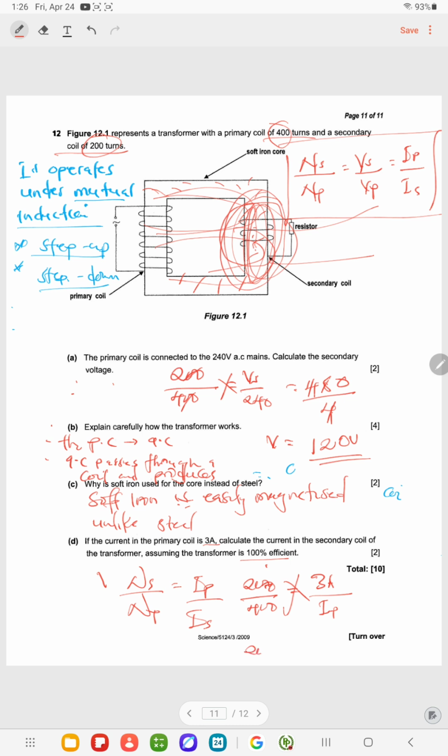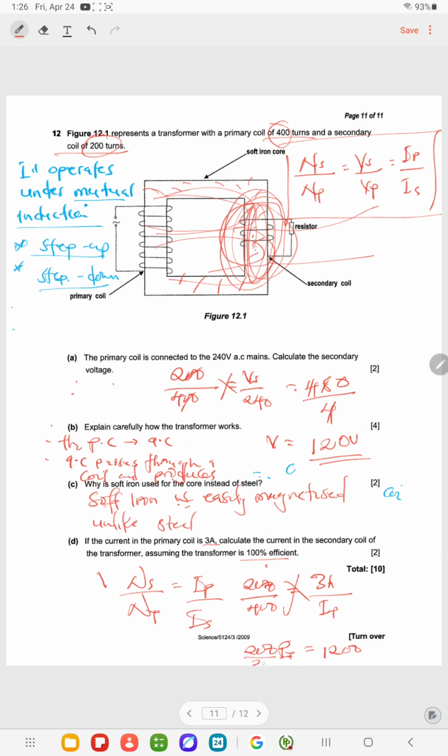Then we cross multiply. So we are saying 200 times the current is equal to 3 by 4, we are going to get 12, then we get these zeros, so 1200.